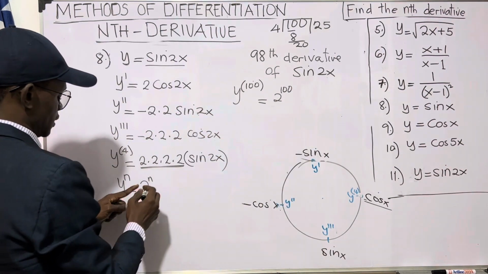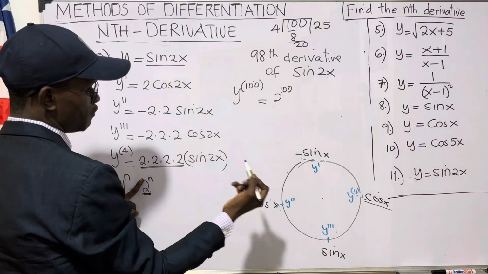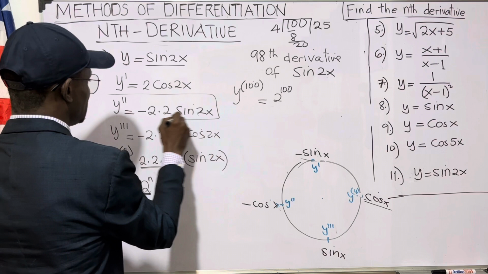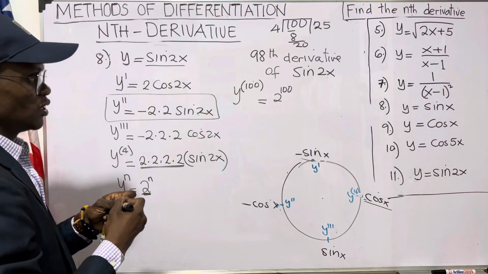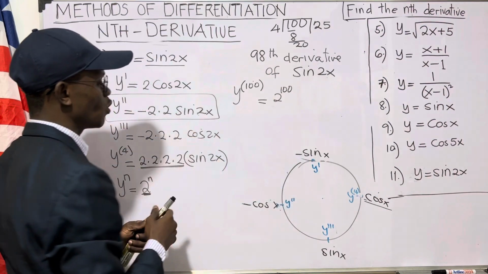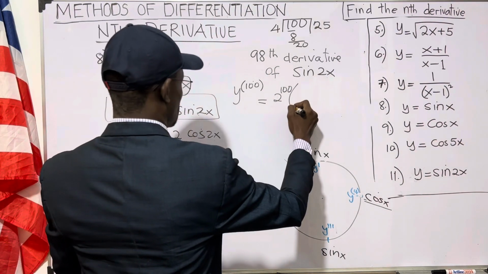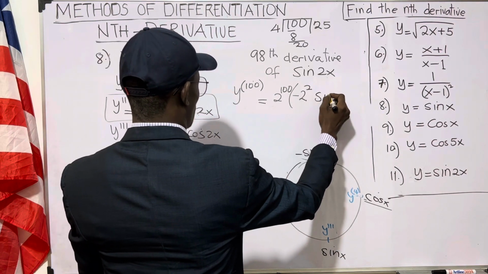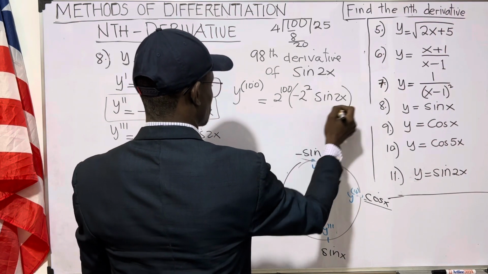So now, we have to differentiate sine of 2x twice, right? So this is the second derivative of sine of 2x. So you must just multiply this by 2 raised to the power 100. So we're going to say minus 2 raised to the second power sine of 2x.